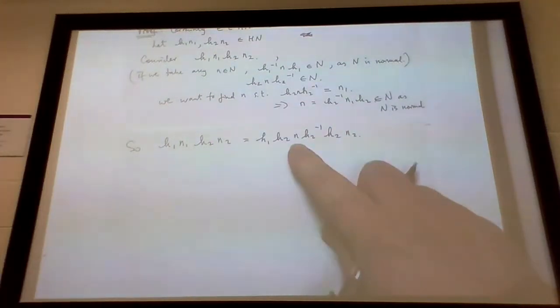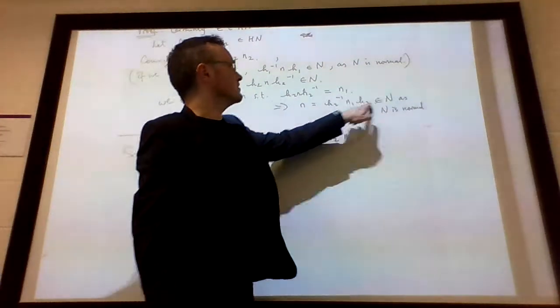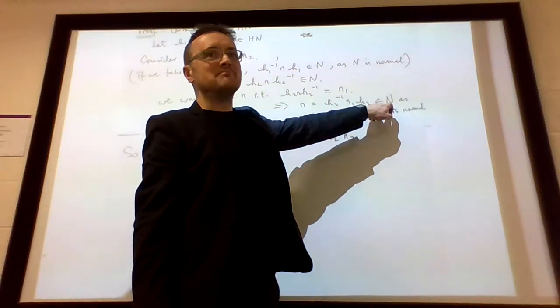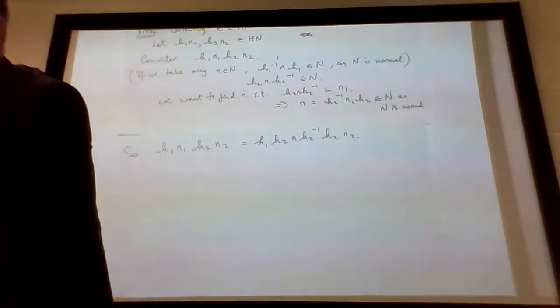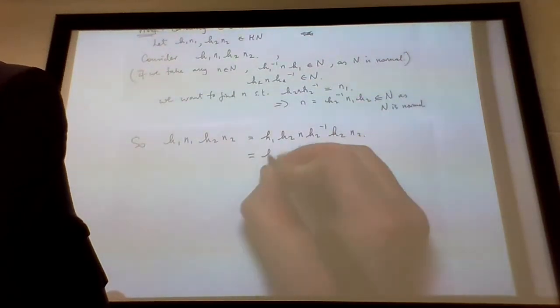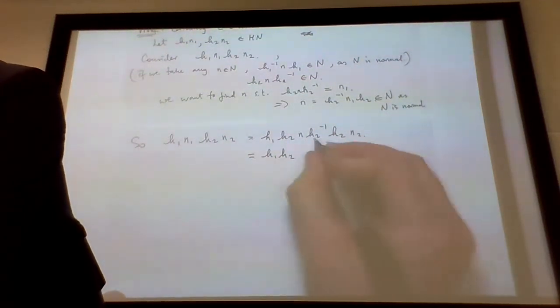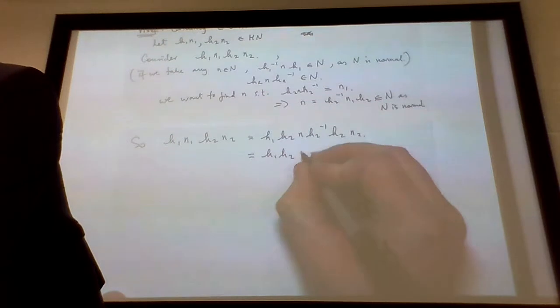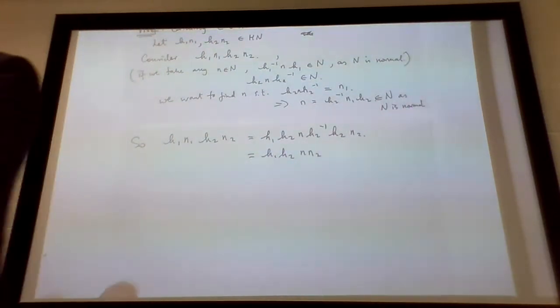I know this n exists because it's this element of capital N. Okay. So that's equal to h1 h2. h2 inverse h2 cancels, and I'm left with n n2.